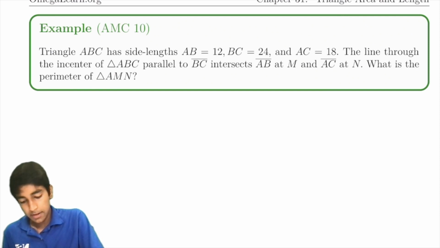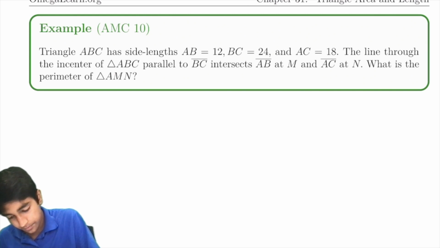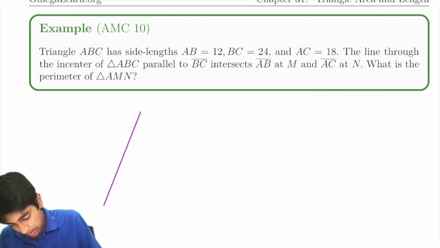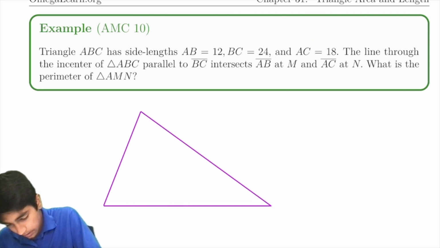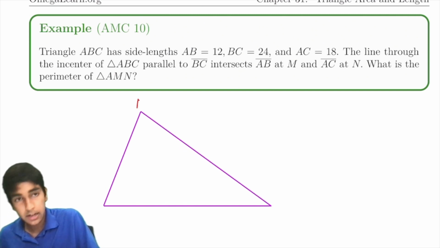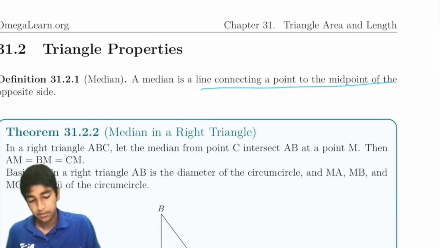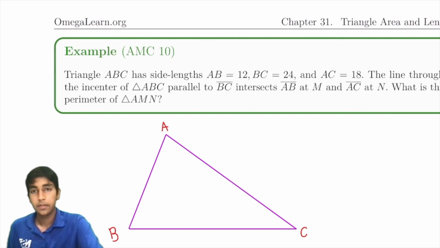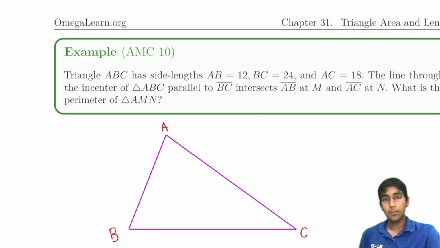In triangle ABC, we have side length AB equals 12. So AB is 12. Let's draw a triangle. So we can label them A, B, C. That's a triangle over there.